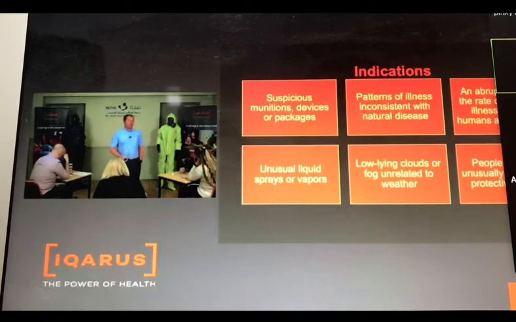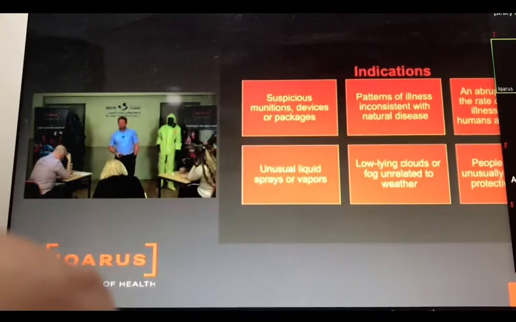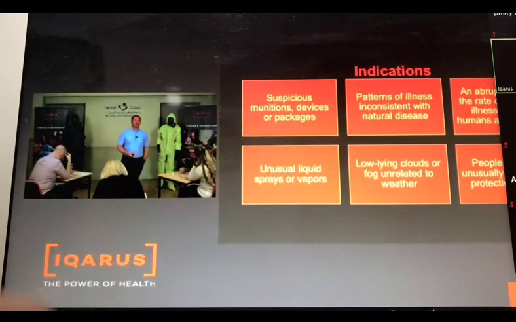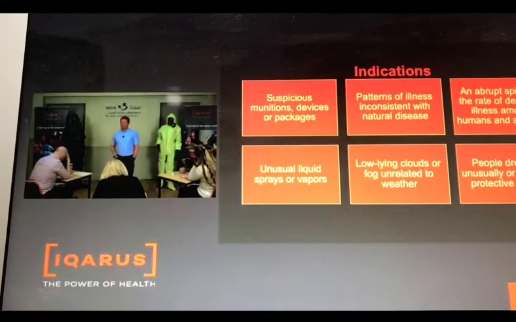So within the UAE, if I started to see patients with Ebola, that would be very unusual, and I would look upon that as some form of CBRN incident. You might see an abrupt spike in the rate of death or illness amongst humans and animals. This is how we recognise those pandemics and those diseases that spread.